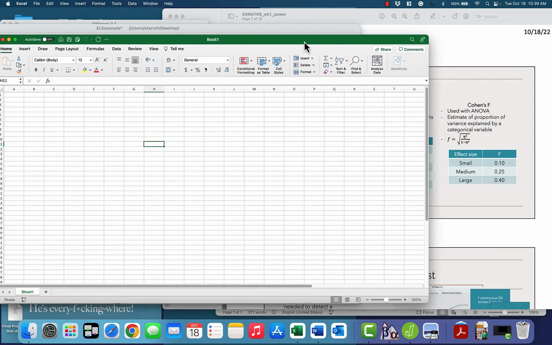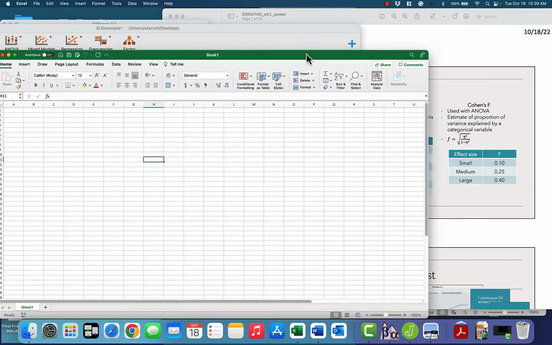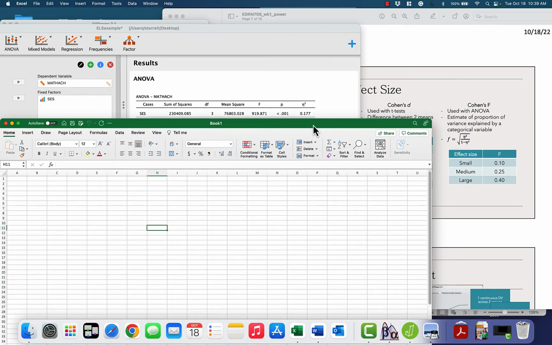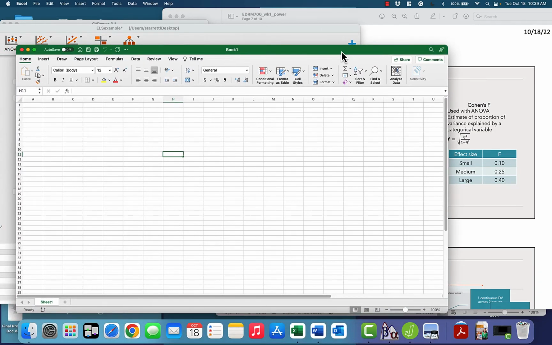All right, and let's calculate our Cohen's f based on an eta squared of 0.177. So I'm going to say equals square root of eta squared, 0.177, divided by, and I need to put in parentheses because Excel knows order of operations, 1 minus eta squared, 0.177.